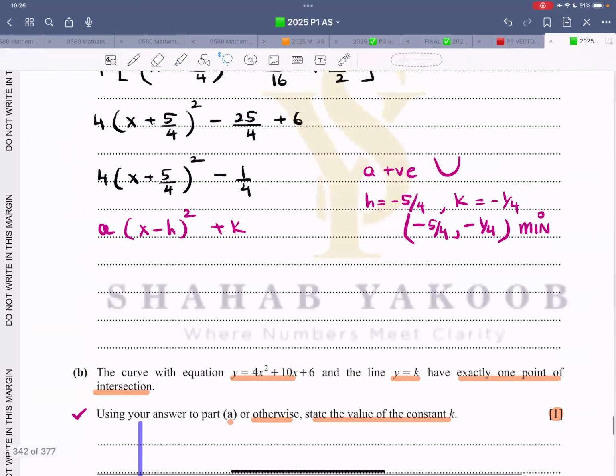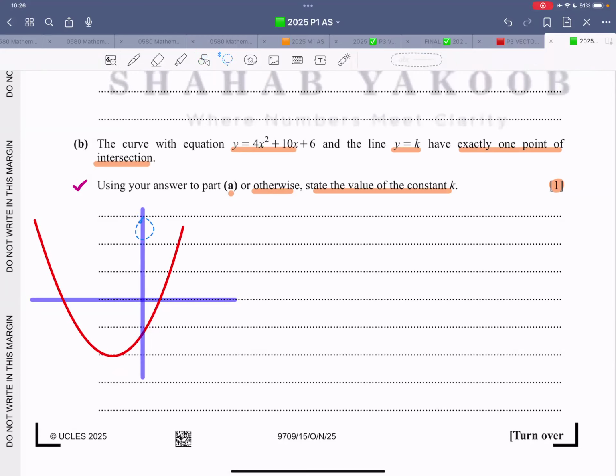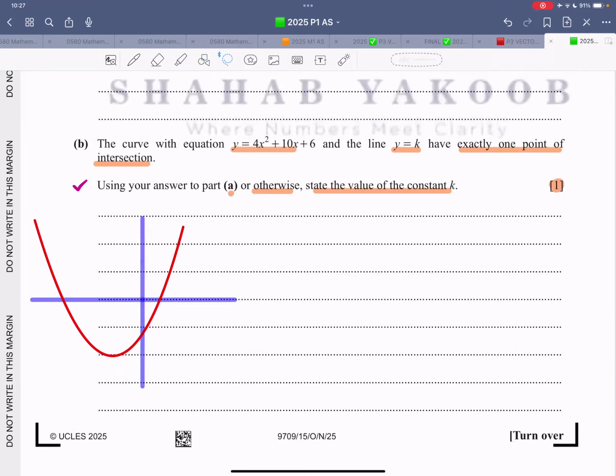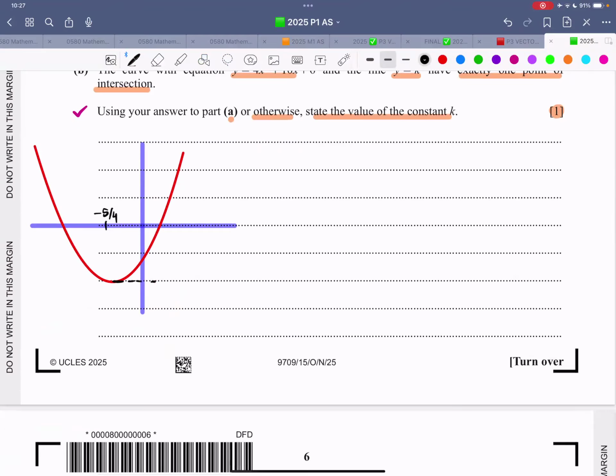So it has a minimum point, negative, negative. So let me draw this curve over here, something like this. And let me push this bar a little bit down. So now over here, if I mark the turning point, this is negative 5 over 4. This is negative 1/4. It's not drawn to scale, something like this.